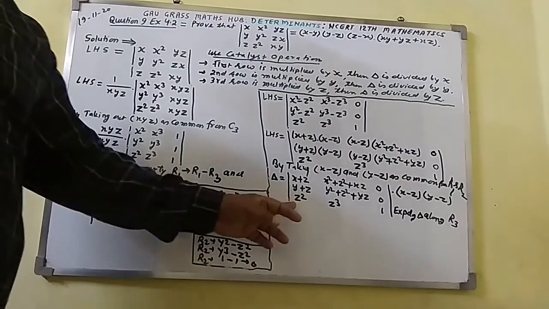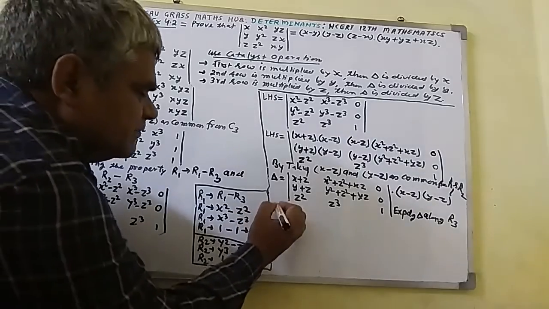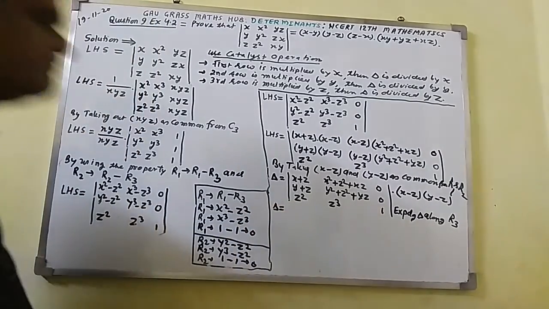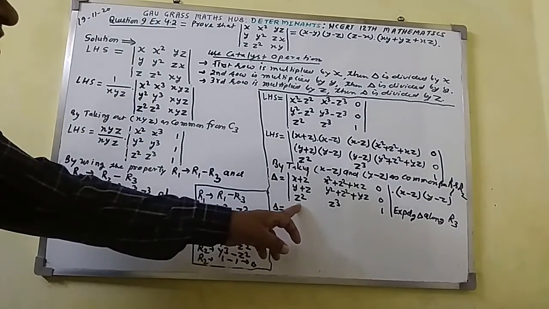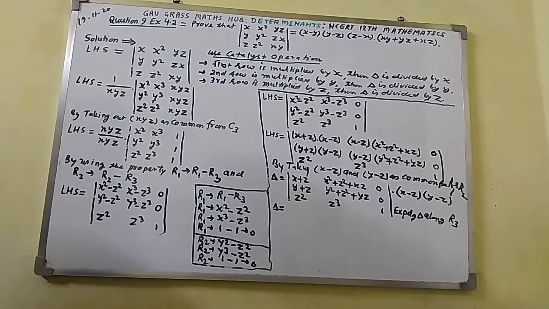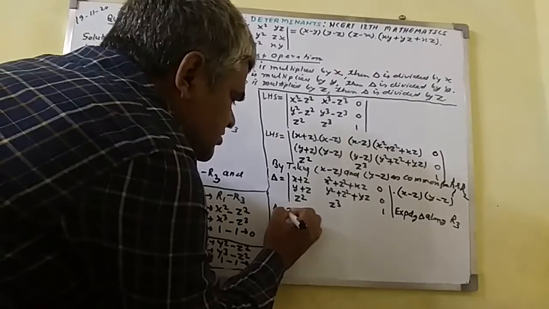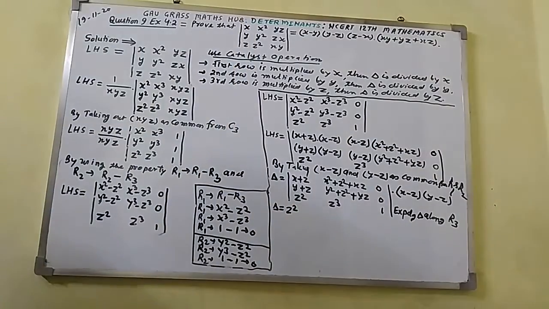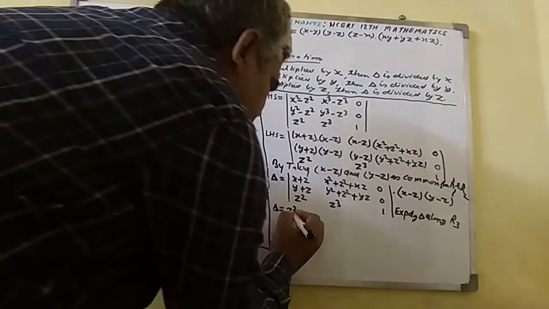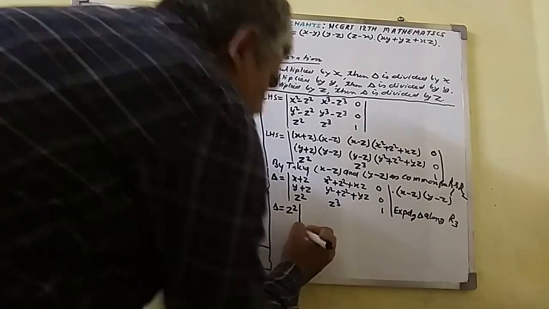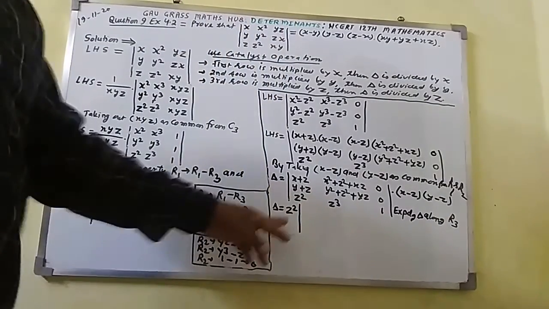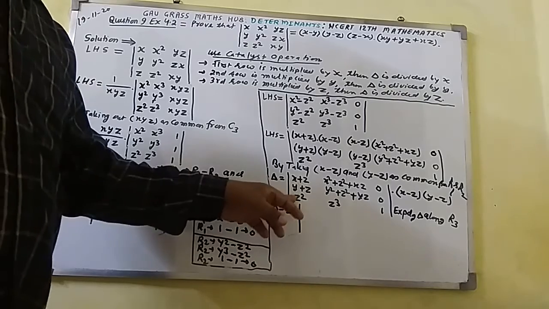Expanding along R3, here we will get plus, so here it will become z square is there. So z square, plus 1, z square, here write z square, here write z square, here write z square. Here the minor of z square.